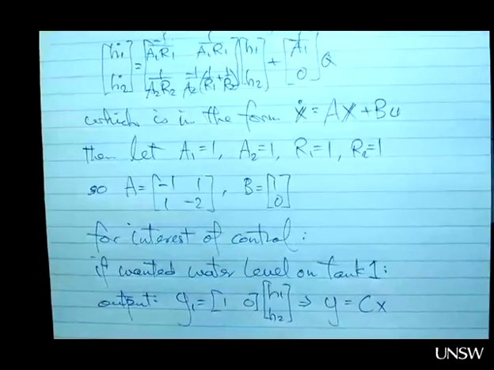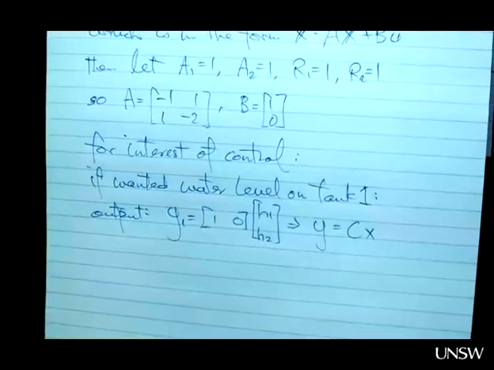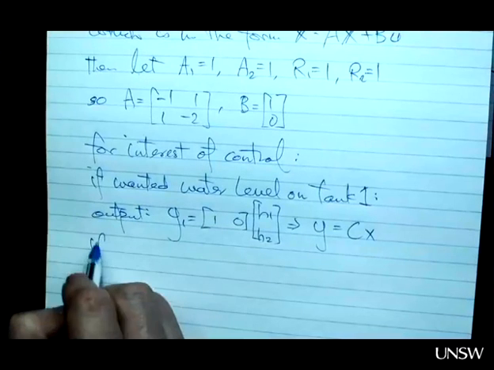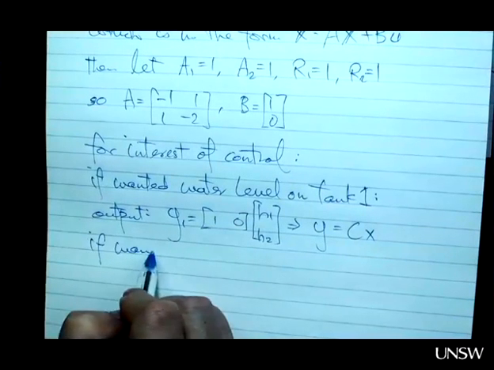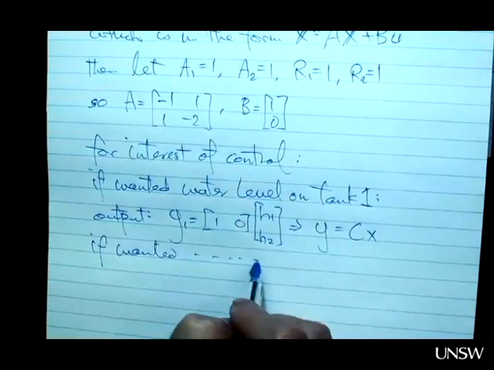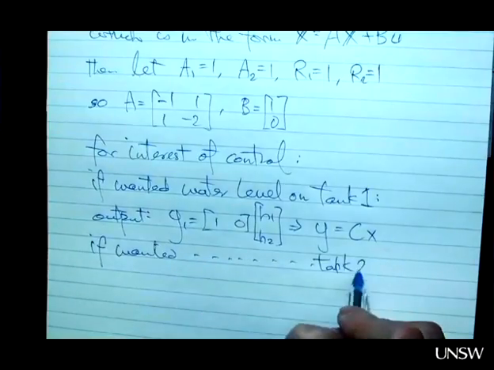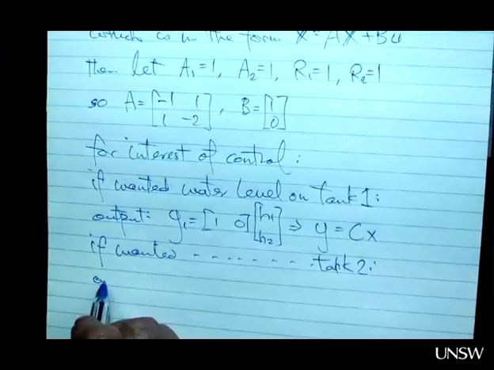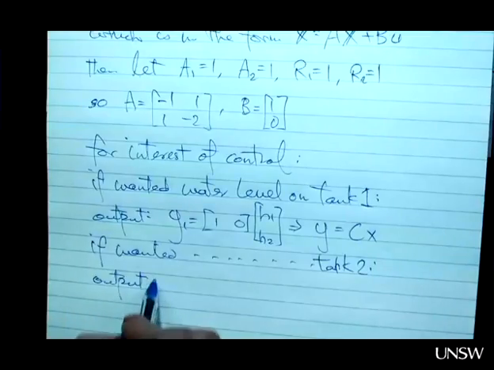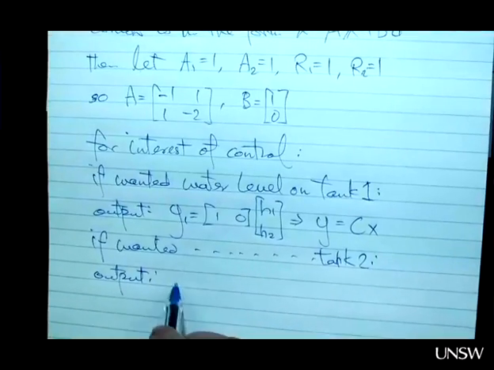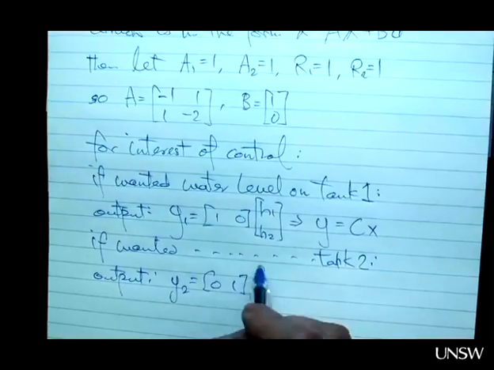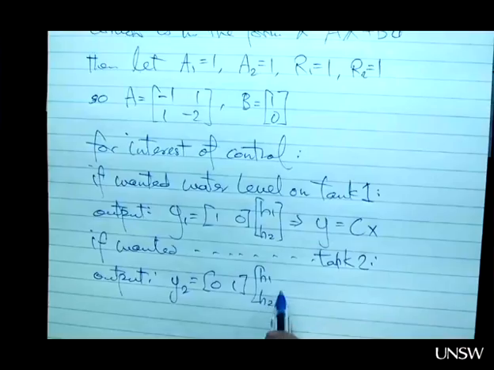Okay, similarly, if wanted and to tank 2, then the output is this Y2 equals 0, 1, and then with H1 and H2, it is also in this form.